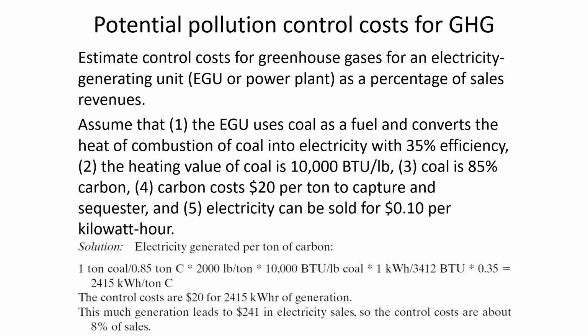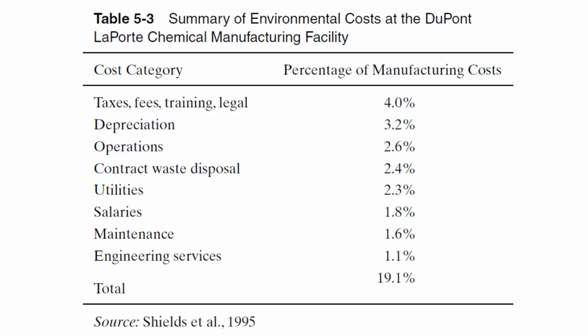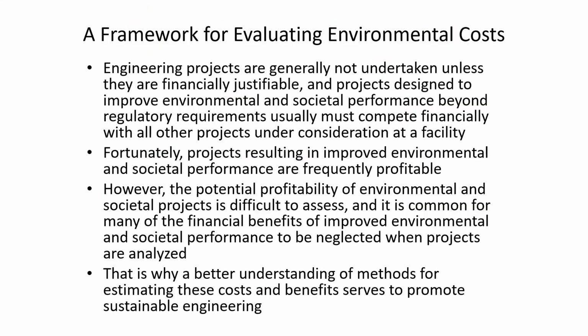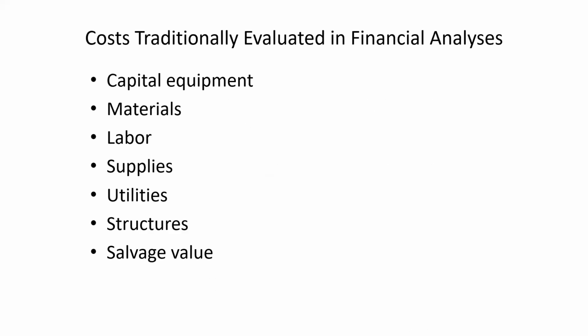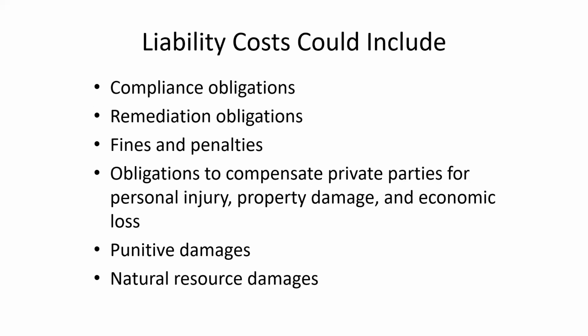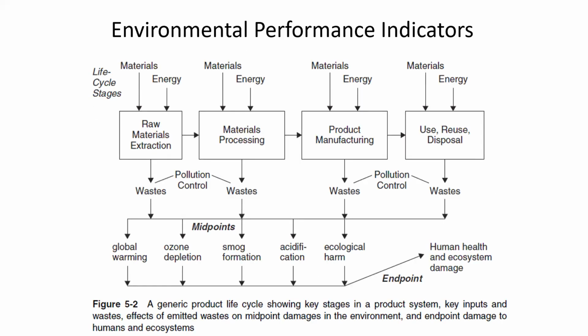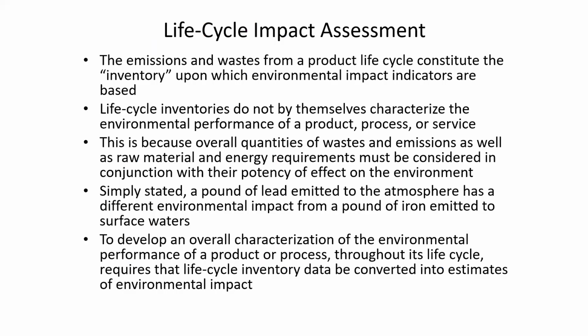So 1 ton of coal, and this much we can calculate. And then you compare it with the other things and evaluate the environmental cost, total cost, tier one, tier two, tier three, tier four. Do some cost benefit analysis, look at the capital equipment, material cost, environmental cost, liability cost, and then total environmental performance indicators. We can have a look at those things as well.